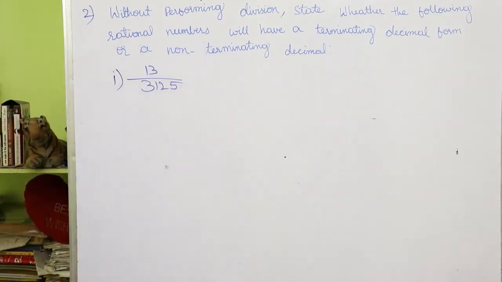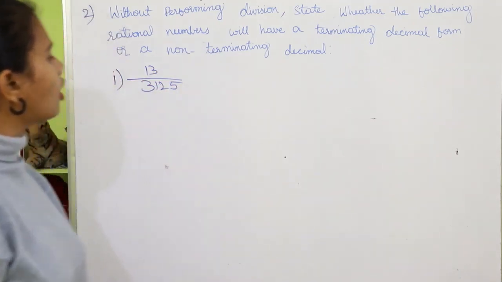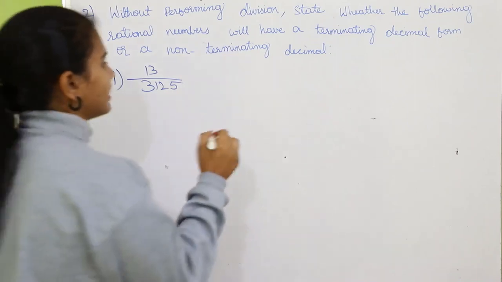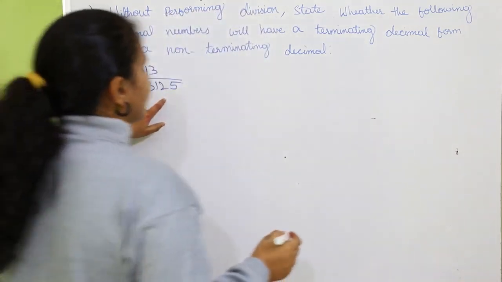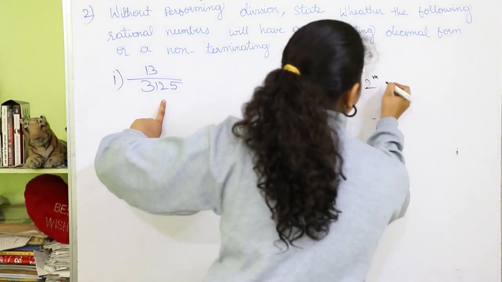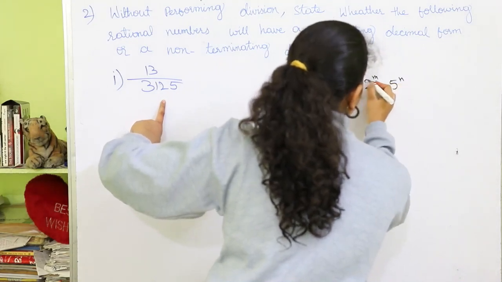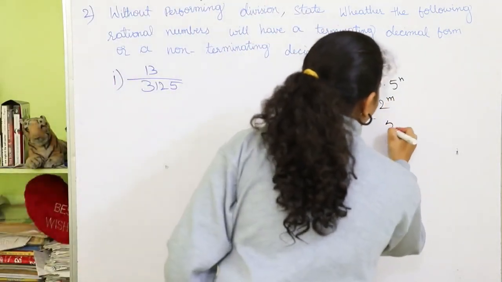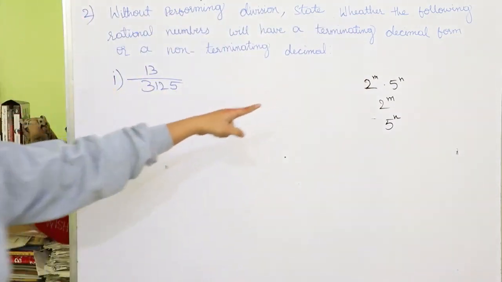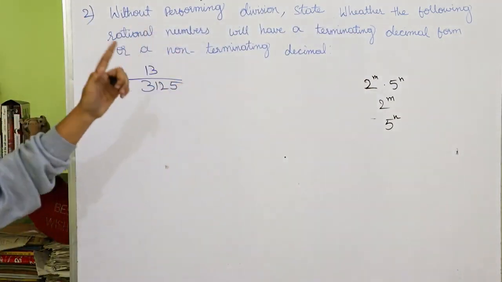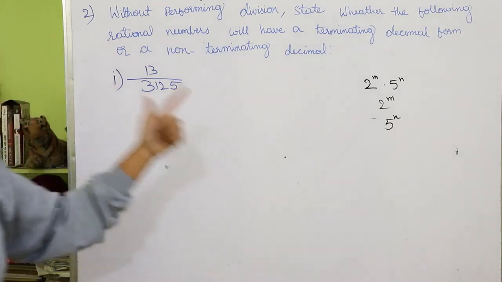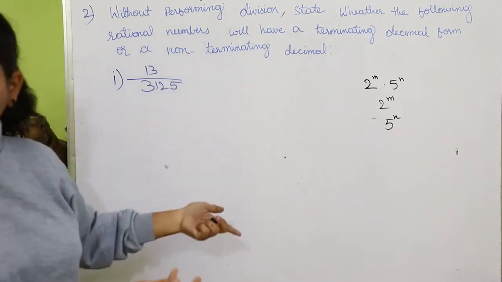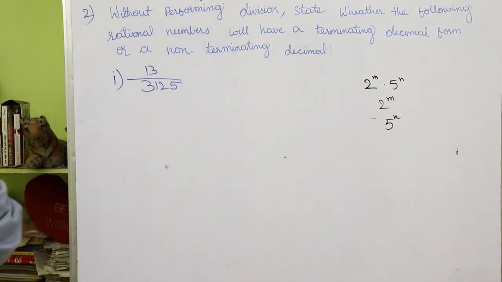But guys, as you know, to state whether the given numbers are terminating or non-terminating, what is the main thing that we know? We know the theorem. According to that, if the denominator is in the form of 2 power m into 5 power n, or 2 power m or 5 power n, then definitely it would come under terminating decimal.